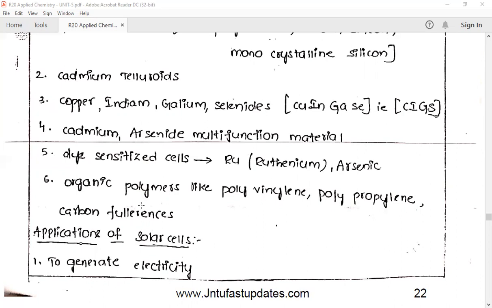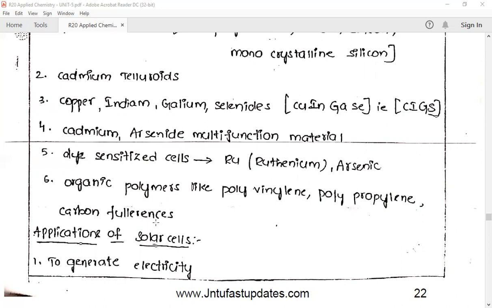And organic polymer solar cells are made from organic semiconductors like polyphenylene, polyvinylene, polypropylene, and carbon fluorine.